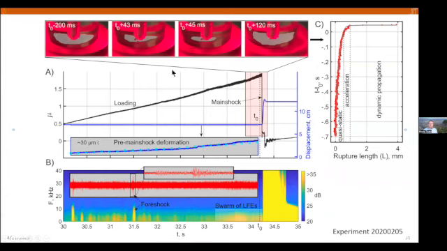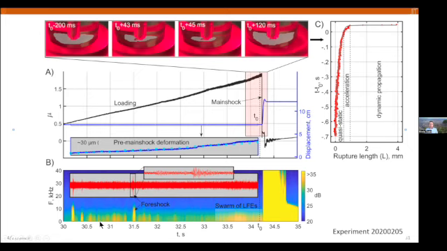How they evolve in time before and during the event itself, and we can see that the patch decreases, becomes smaller, and then eventually, when it snaps, it becomes extremely small, and then as the slip goes on, then it becomes bigger as the melt grows back.